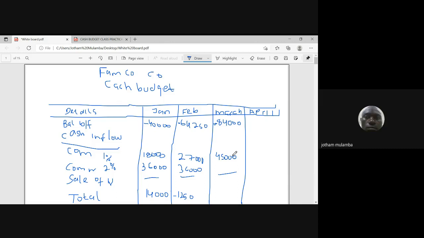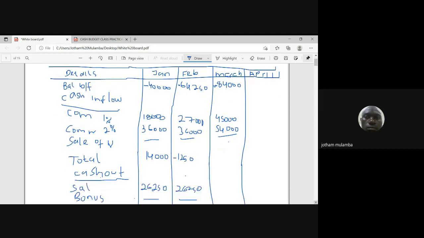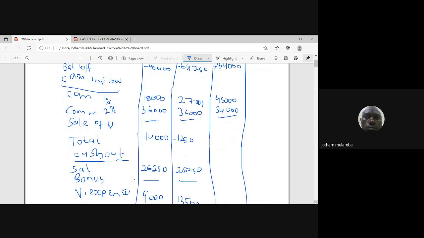That's 2.7 million. 2.7 times 2% is 54,000. So you record here 54,000. That's the total, but we are only collecting a commission of 2%.